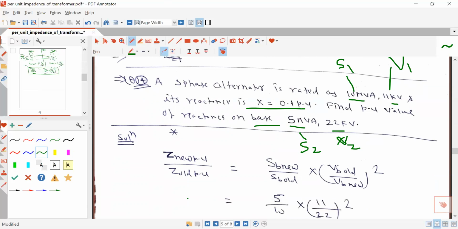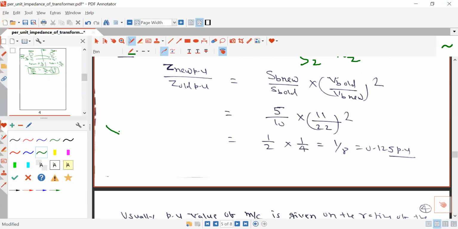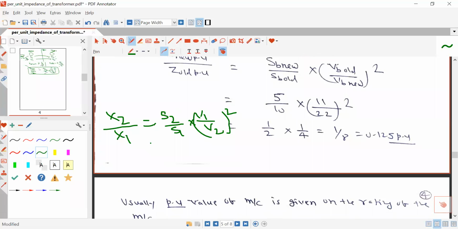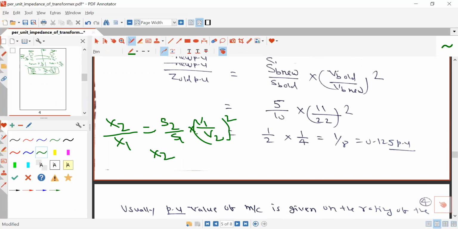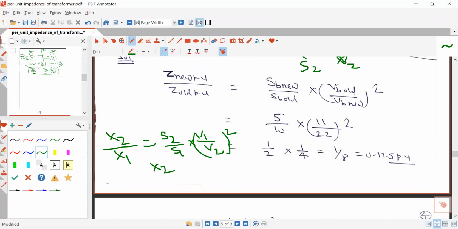Now the task is to calculate the per unit reactance on the new base S2 and V2. How will you calculate? You just have to use this formula. The reactance which you want to calculate divided by the reactance which is given is equal to S2 by S1 into V1 by V2 square. X2 you want to calculate and X1 is given as 0.1.